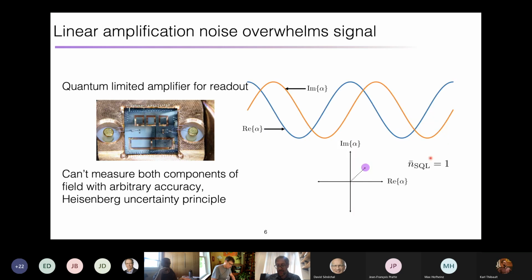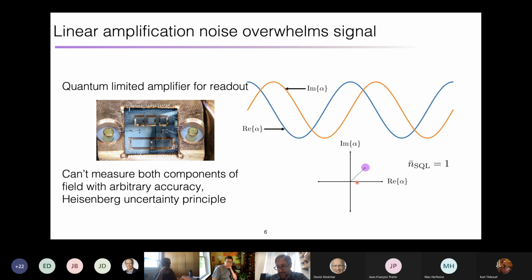And so the way it's currently done in experiments like ADMX, for example, that are searching for it, they just use the simplest thing, which is an amplifier. If you have a microwave signal, you can treat it like a radio wave, put in an amplifier, and amplify it and detect it. The problem is, even if you use a perfect amplifier, and they're now using these quantum limited amplifiers that reach the Heisenberg uncertainty limit.